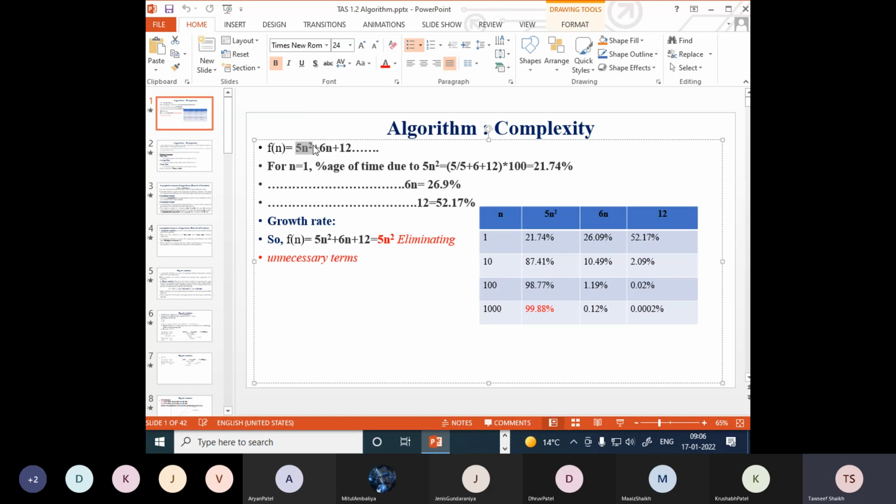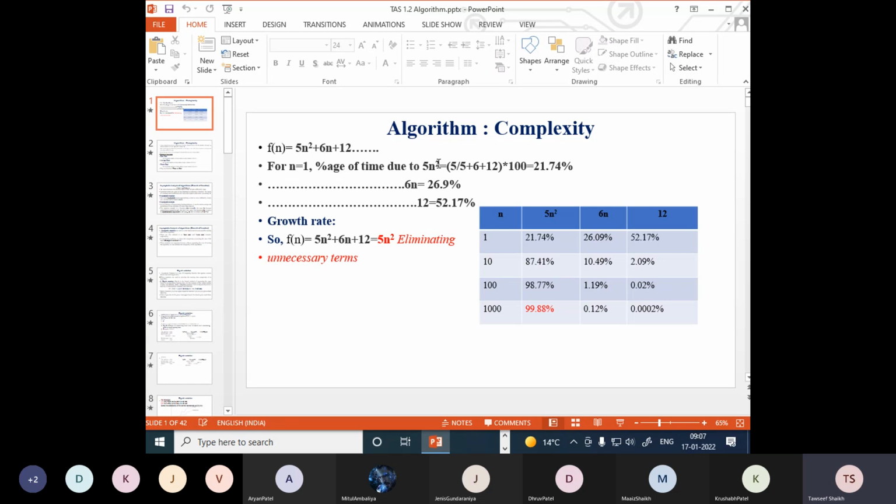So the 5n square, that is the quadratic term, when we put n equal to 1, we will see the percentage of running time which is taken by 5n square. As per the formula, it is simple: we will put 5 on the top, that's the numerator, and below we will put the total time taken by the whole expression.